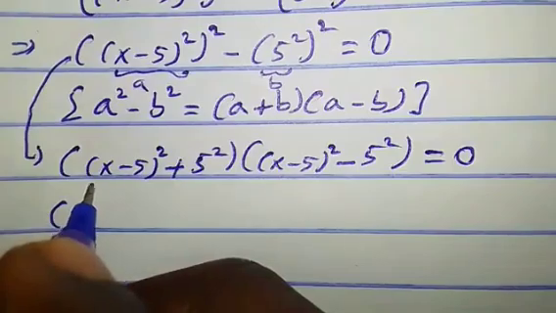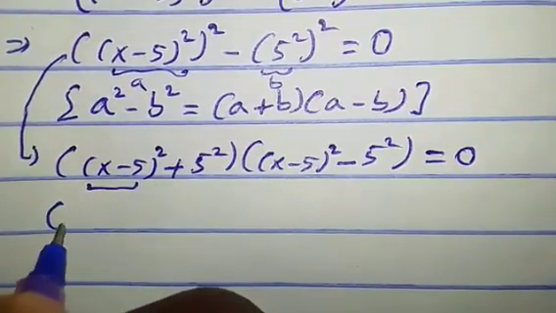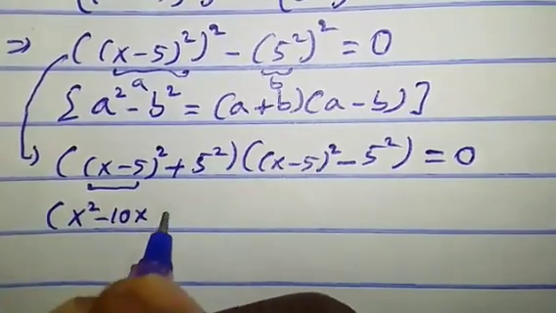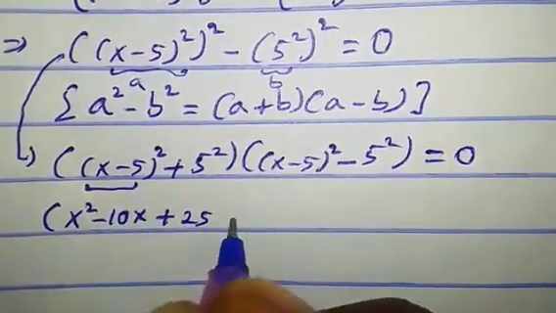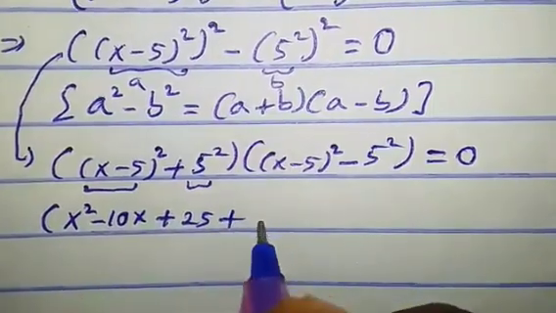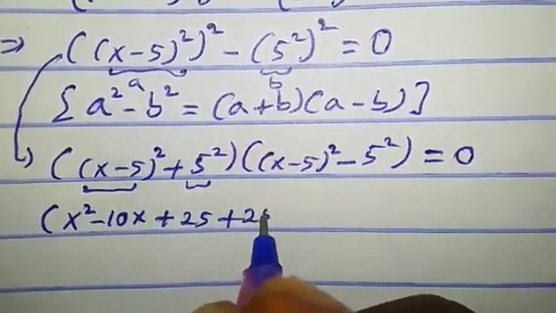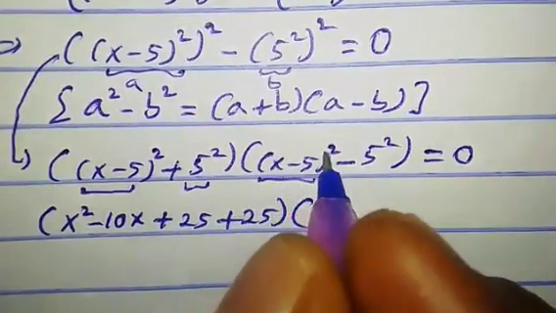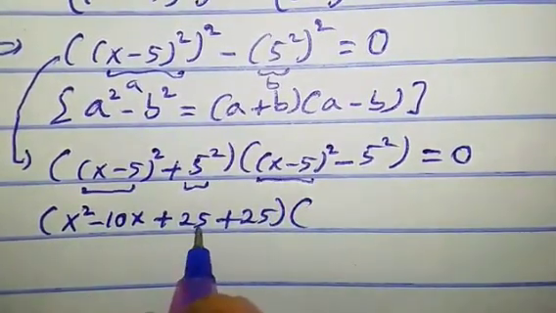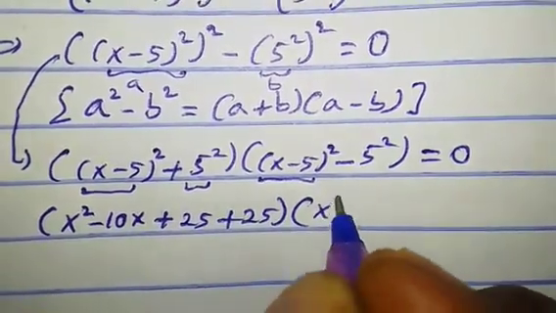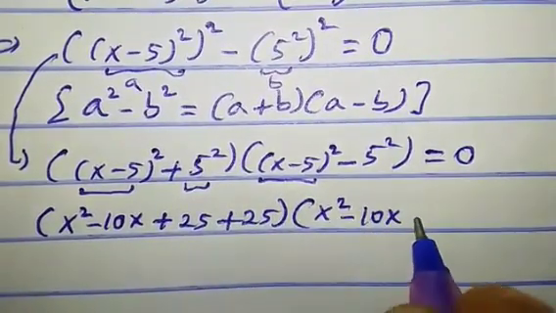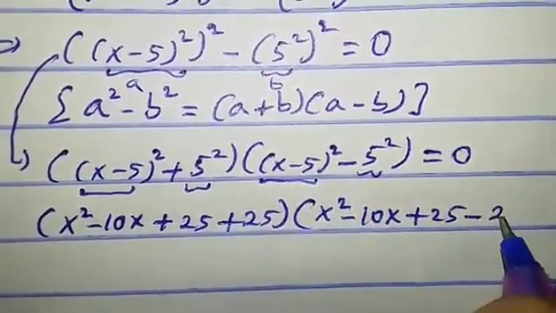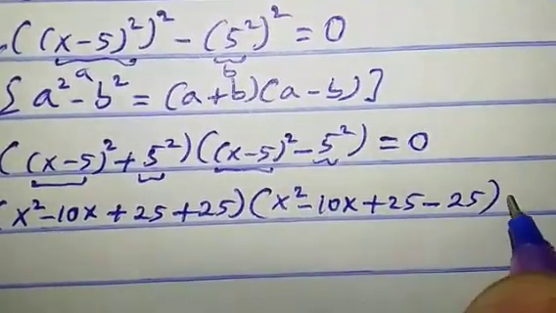Let's proceed further. If you expand (x − 5)^2 very well, you are going to have x^2 − 10x + 25, plus, what is 5^2? 5 times 5, that is 25. Close the bracket. Into, what is (x − 5)^2? You will have the same thing as we have here: x^2 − 10x + 25 − 5^2, that is 25, everything equal to 0.